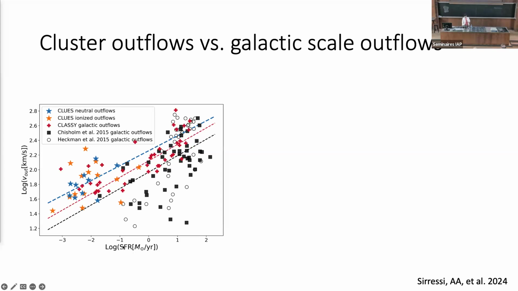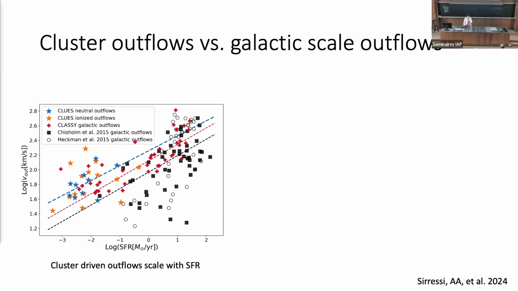They scatter in star formation rate versus outflow velocity, and the star cluster population sits right here. So we find similar slopes, of course with a lot of scatter. There is much more physical information hidden in the scatter in this plot, so it's not a simple relation between star formation rate and outflow velocities.